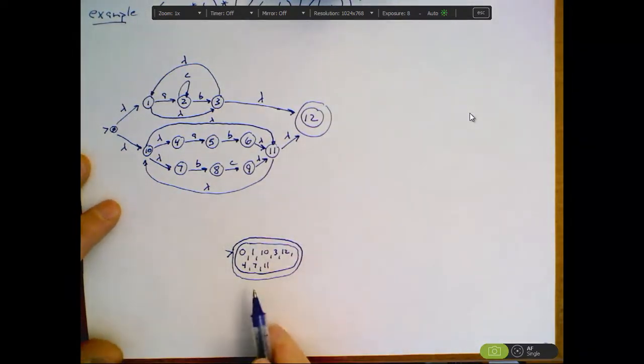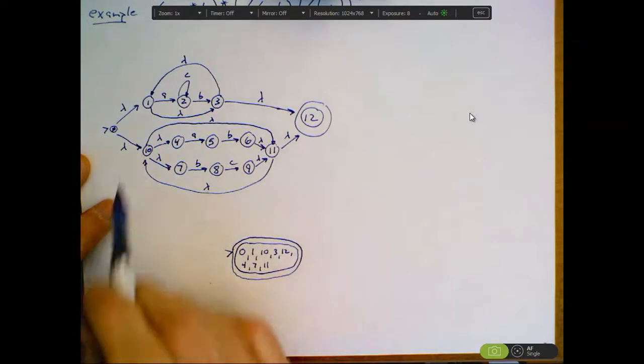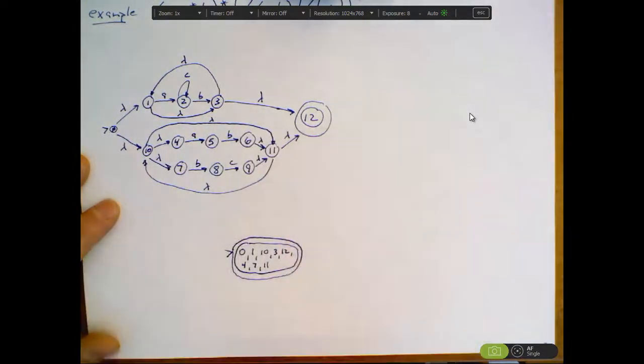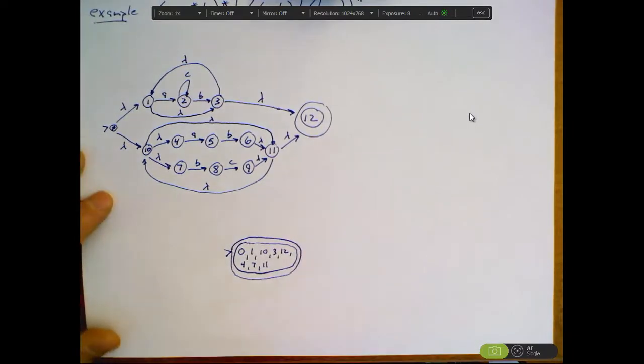So that tells us that lambda is in this language, which is true, right? I can get from here to there without consuming any input by following these lambda arcs. All right, so that's my start state.